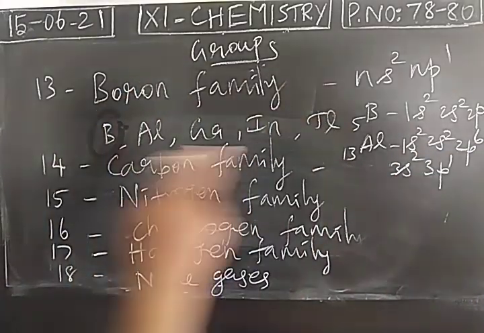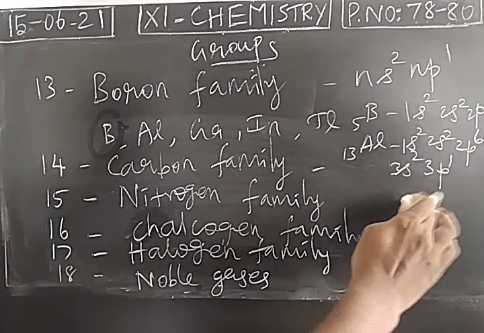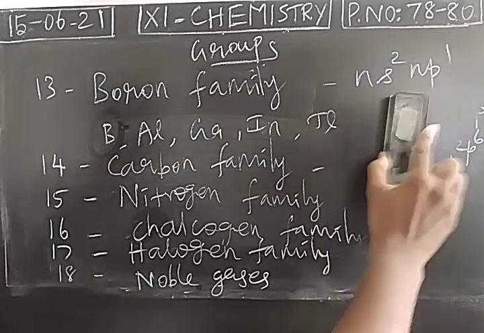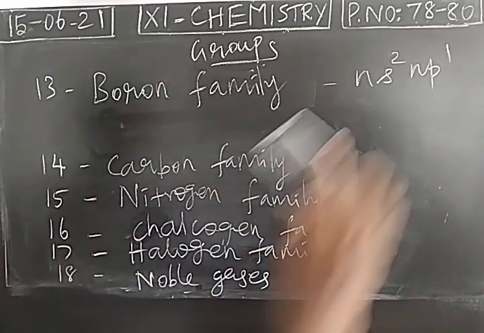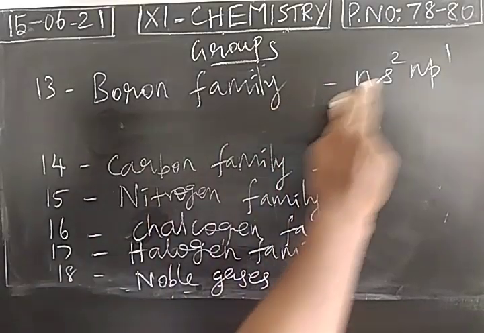So when you take all the elements, boron, aluminum, gallium, indium, thallium, the outermost configuration will be p1. An electron will be present in the p orbital. So general outer electronic configuration for elements in group number 13, ns2 np1.